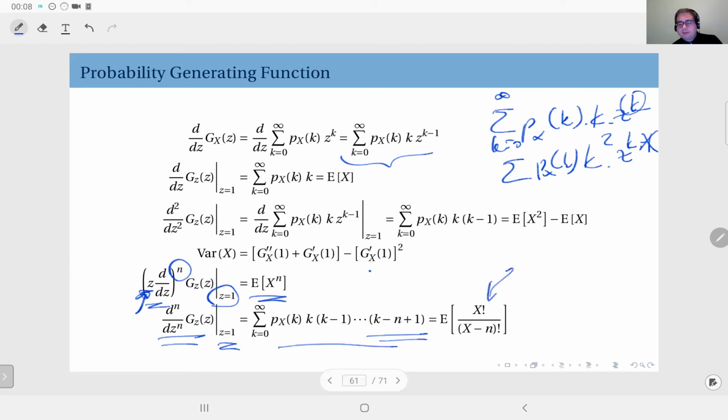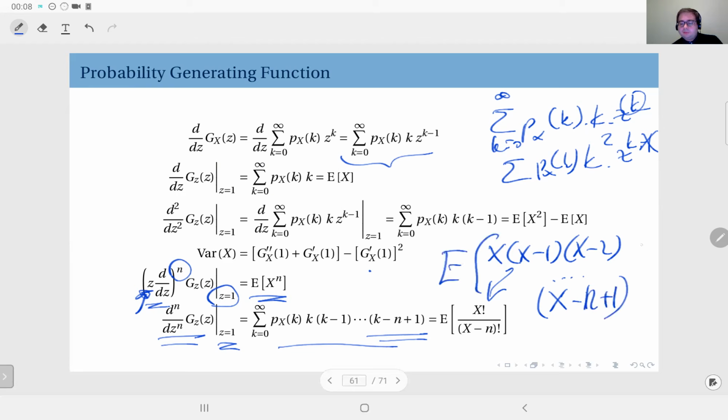This is a falling factorial, like x times x minus 1, x minus 2, dot, dot, dot, x minus n plus 1. This is the expected value of this quantity. So this is how you compute moments and related statistics using the probability generating function.